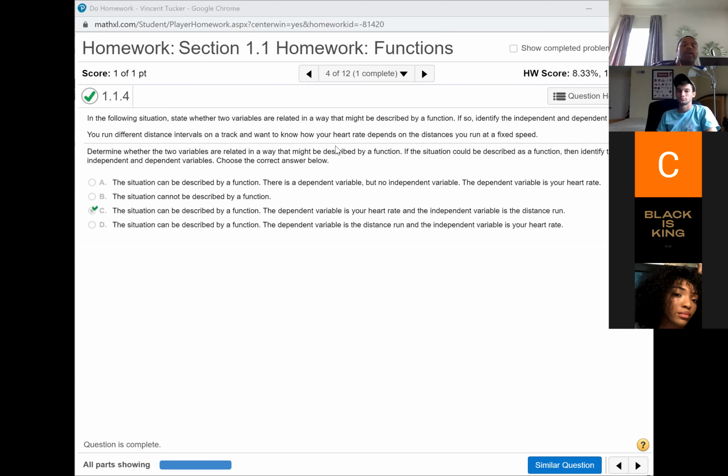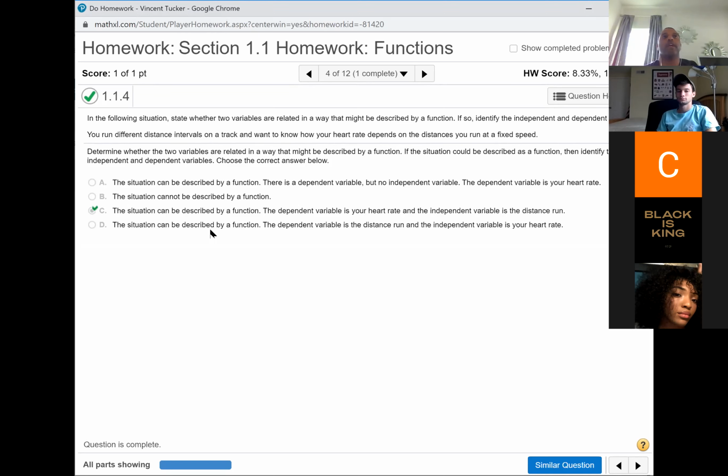So you have to ask yourself with this application, is it possible to run? It says run different distance intervals on a track and want to know how your heart rate depends on the distances you run at a fixed speed. So this can be described by a function. Basically, your dependent variable is your heart rate and your independent variable is your distance run.